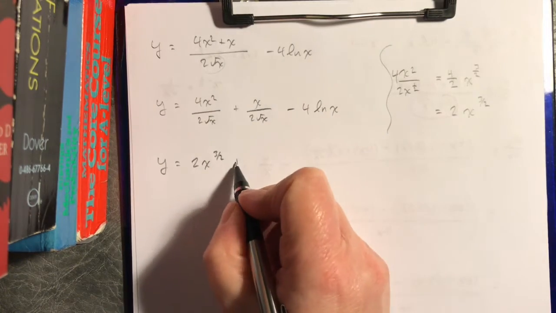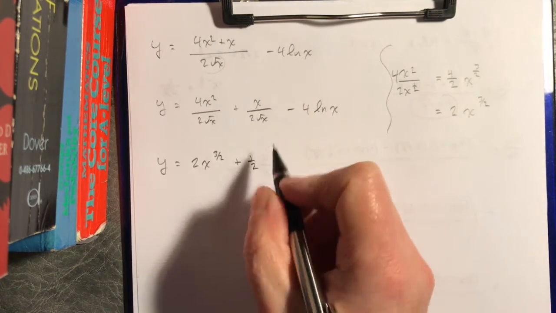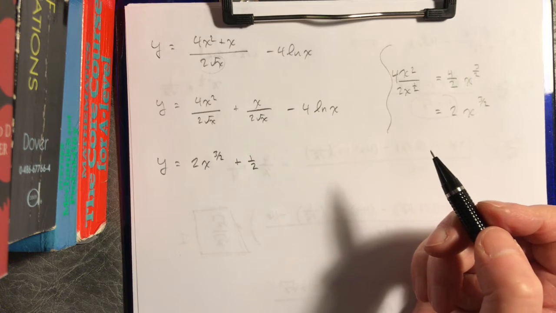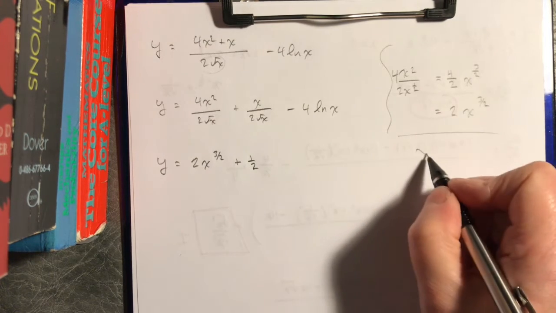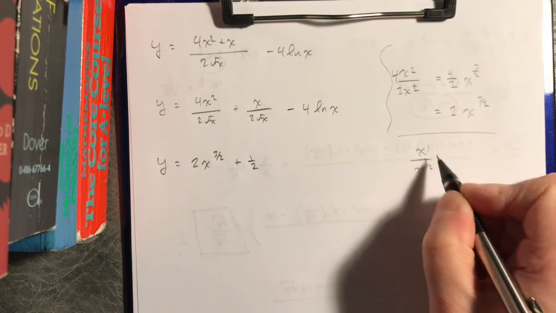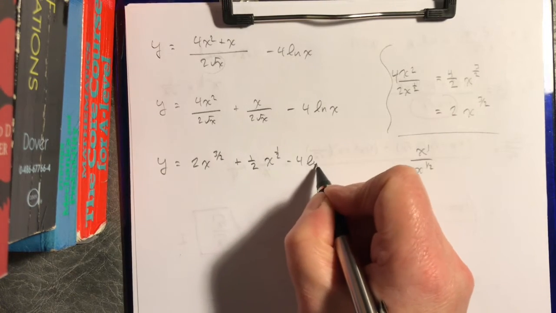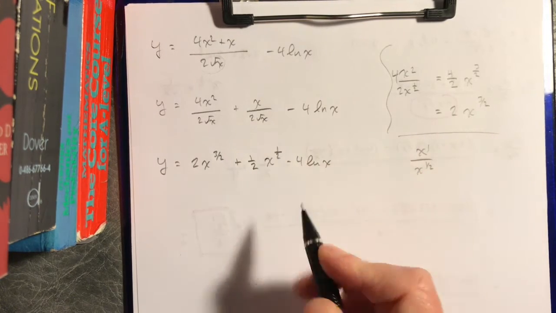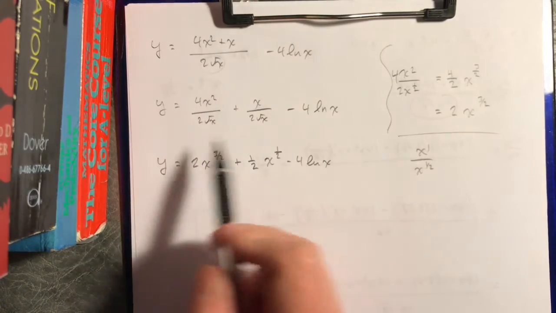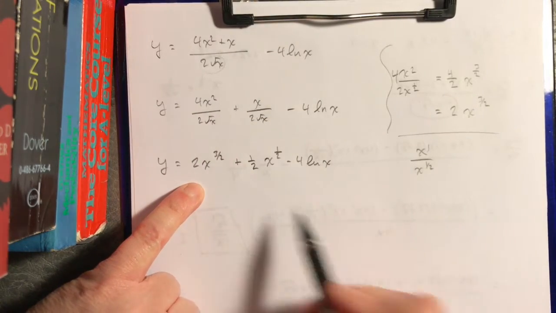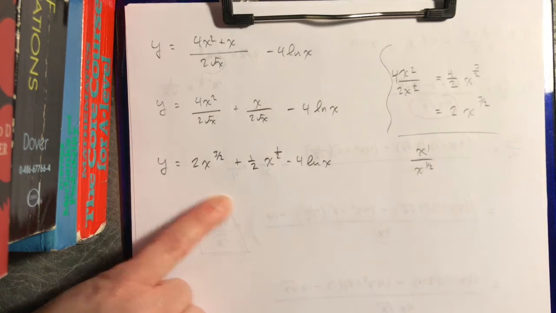And here, there's my 1/2. x divided by root x, that's x to the 1 divided by x to the 1/2. You subtract your powers and you're going to get x to the 1/2. So that's breaking up this fraction into two pieces and then mushing everything into clean old power functions.